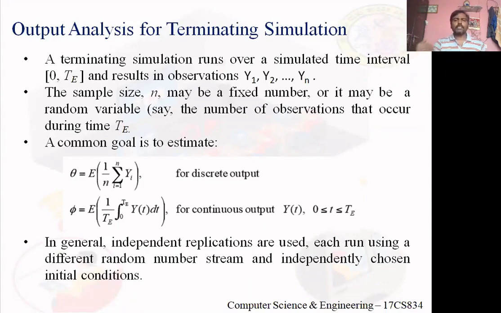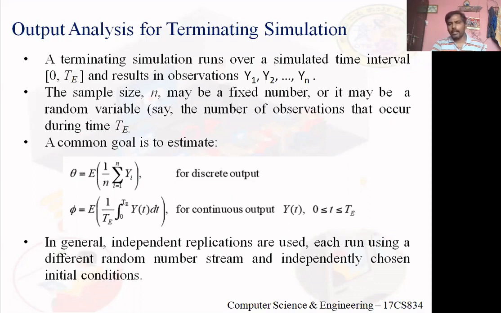So now t is continuous here, because time is continuous. Got it? Now at any particular point of time, say t, what is y of t? It gives the number of customers in the queue at time t. So I have run the simulation for the interval 0 to T, right?